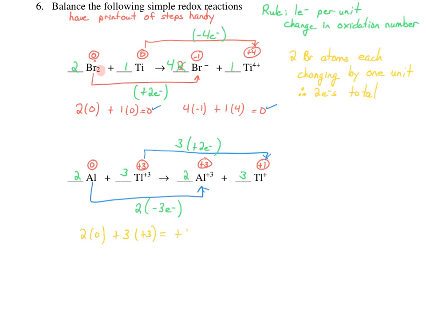So we have a net of +9 on the reactant side. On the product side, we have 2 aluminums, each is +3. We have 3 thalliums, each is +1. So we have a net charge of +9 on the product side. So there's a charge balance. There's a mass balance, we're done.